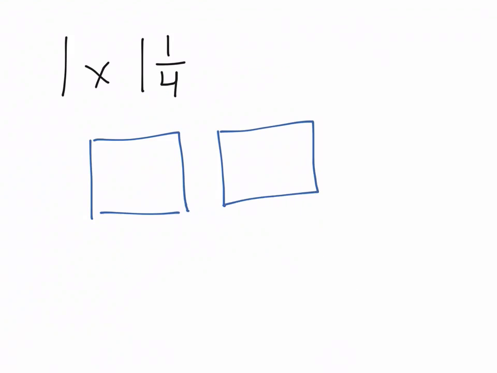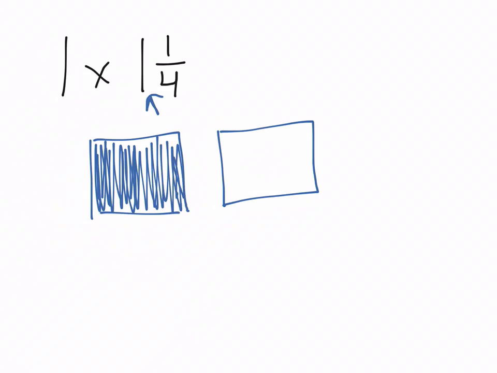So since we have a whole, I'm going to shade this entire first rectangle because that represents one whole. So the whole thing is shaded. Okay, so that's me shading the entire whole rectangle that I have as a model. And here comes the 1/4 that's going to be represented in this next rectangle.